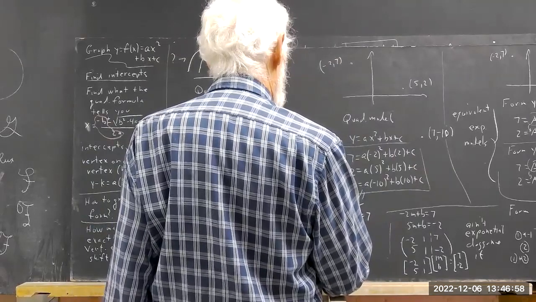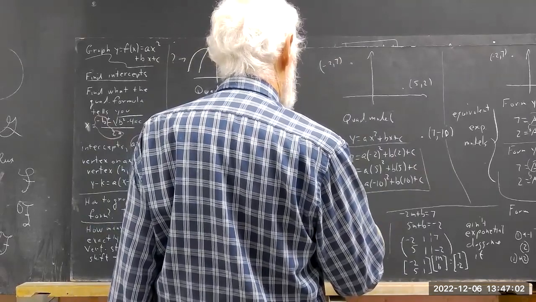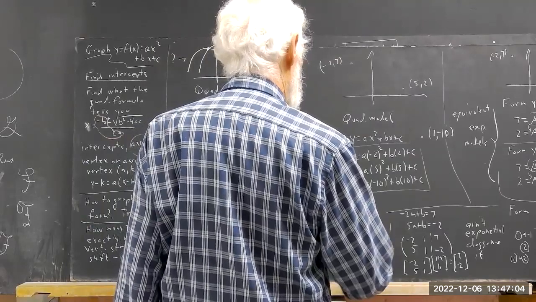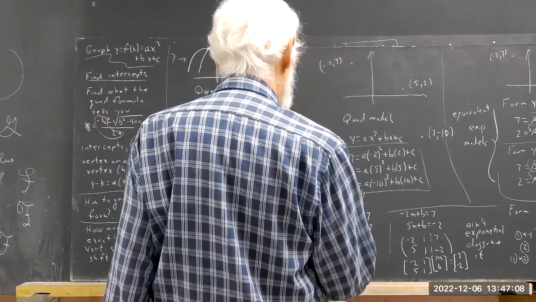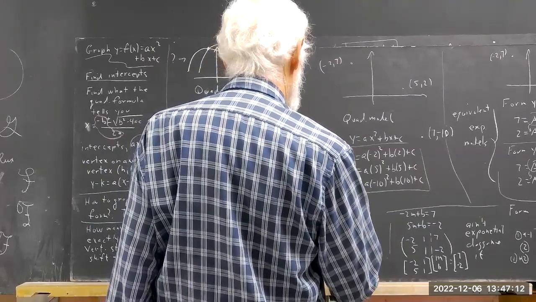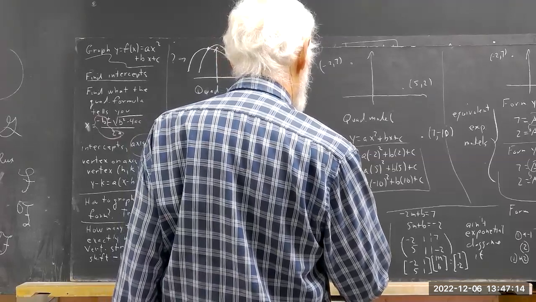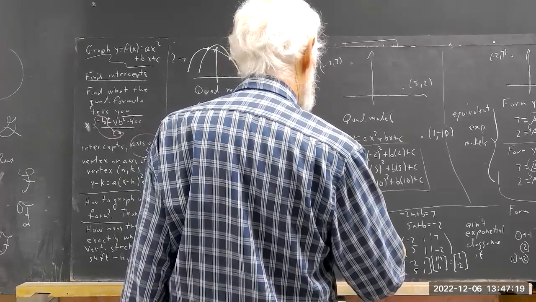We're going to write 25a plus 5b plus c equals 2. And 100a plus 10b plus c equals 7.